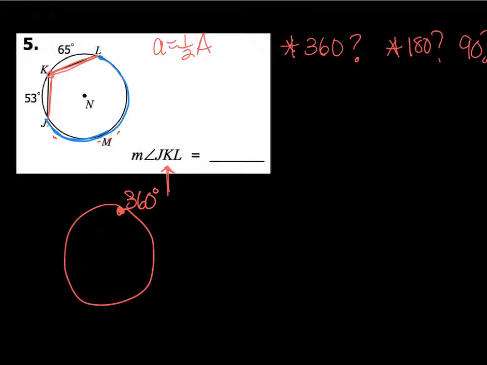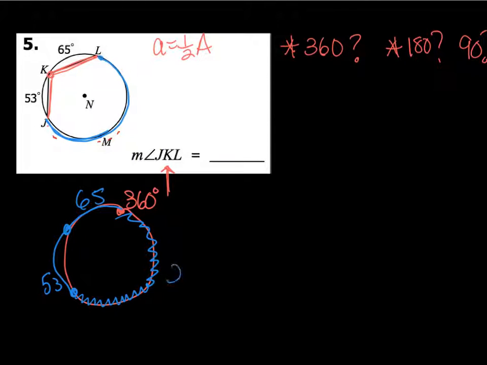In this particular circle, it's showing me that from L to K is 65, and from K to J is 53. So can I find out how much is the rest of the way?